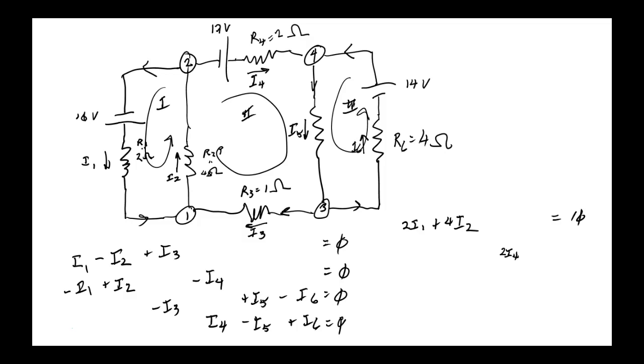R5 was 2. R5 is 2 ohms. Sorry. I thought something was missing there. I was thinking it was my current. So this is 2 plus 2I5. Okay, continue on around.